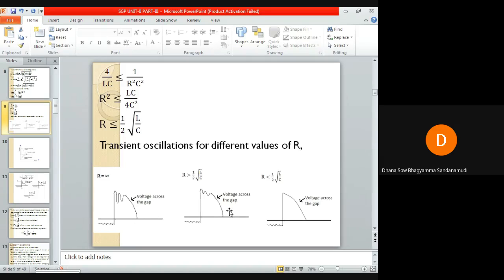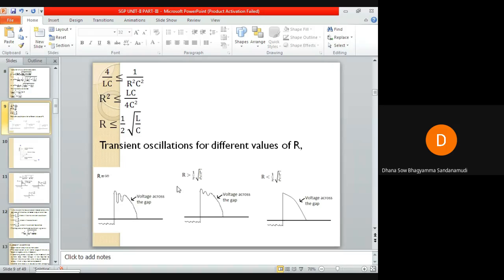If the value of the resistance connected across the contacts of the circuit breaker is equal to or less than 1 by 2 root L by C, there will be no transient oscillations.